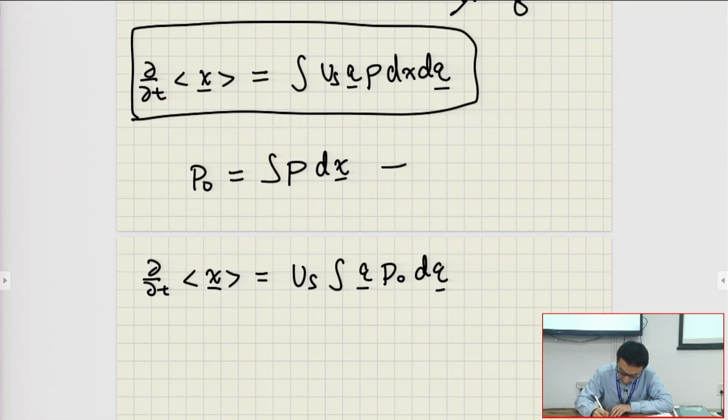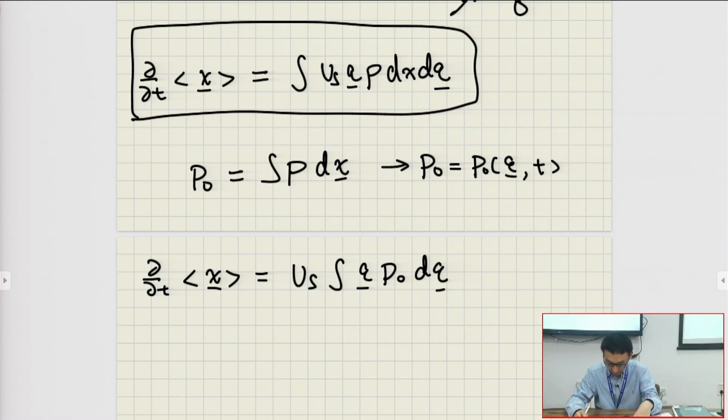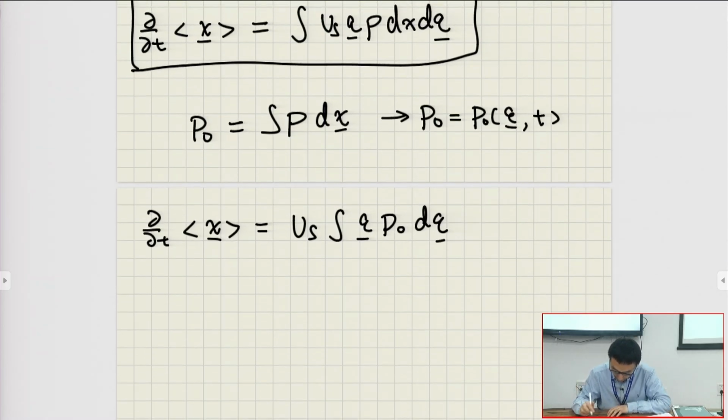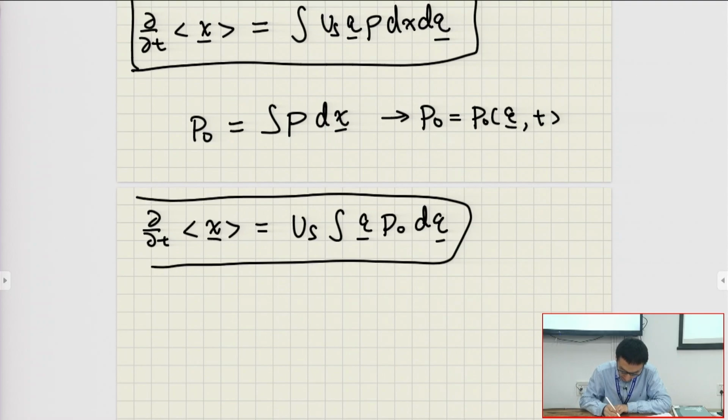One question: I've integrated over space, so what does P naught depend on? It still depends on q, right? And time. Good. So if we look at this equation, if we can find P naught first through some means, then I can solve this equation.